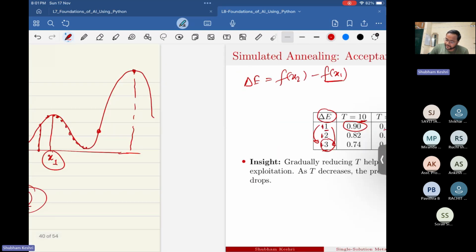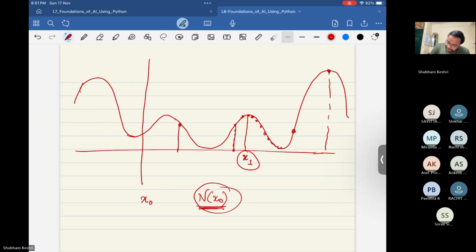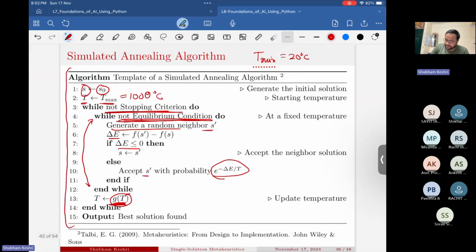What it means, if I am here and I am searching, the first neighbor I search was a good solution. So I will always accept it. But if it is a worse solution, then only I'll do the probability thing. मतलब अगर हमको good solution मिला है, I will always move to that good solution, with probability 1. But अगर एक worse solution मिला है, I'll have some probability to moving to that solution. So that is what it is saying over here.